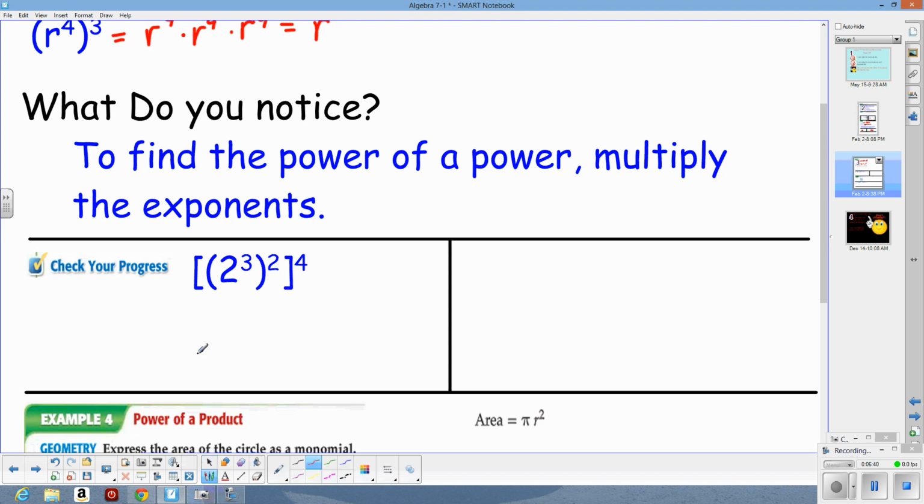So this is going to be 2 to the 3 times 2 times 4 power. 3 times 2 is 6, and 6 times 4 is 24. So that's how you can rewrite that particular problem.